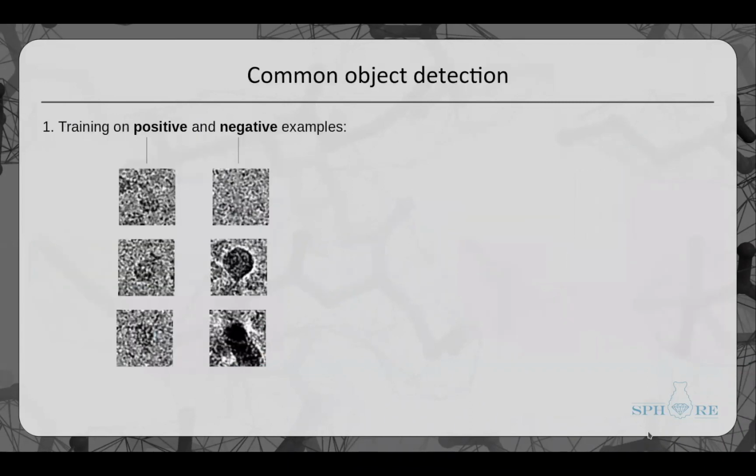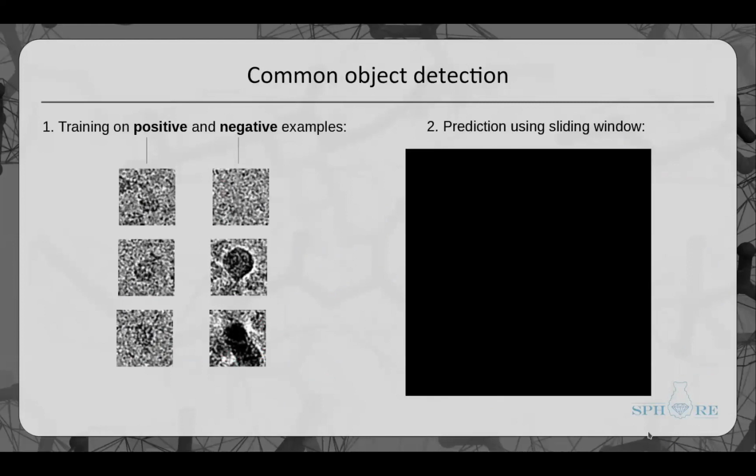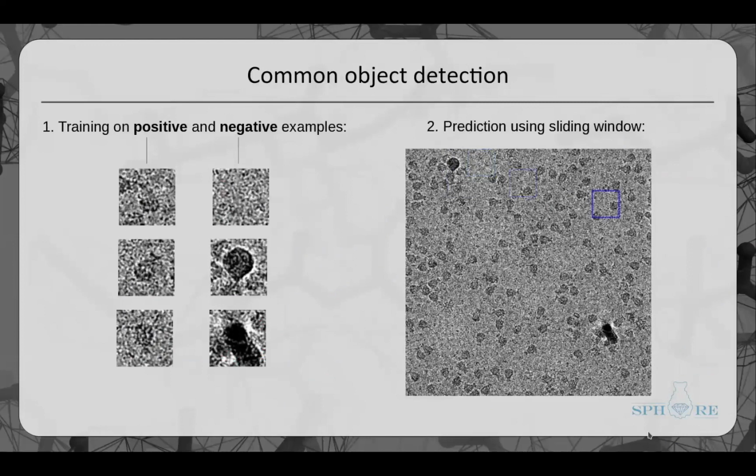So particle picking is in principle nothing more than common object detection. One of the very common approaches is to train a classifier on positive examples, like the particle, and negative examples, like contamination and background. Then you use this classifier and it is convolved over the image.